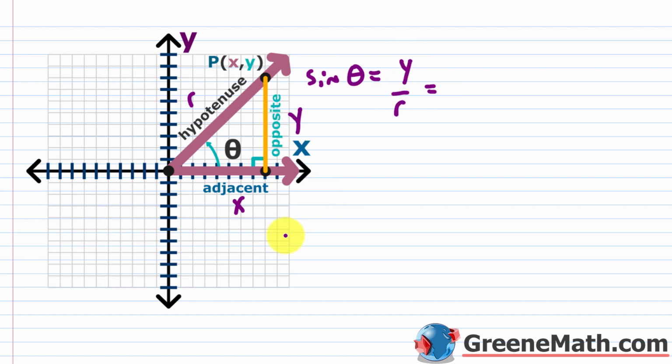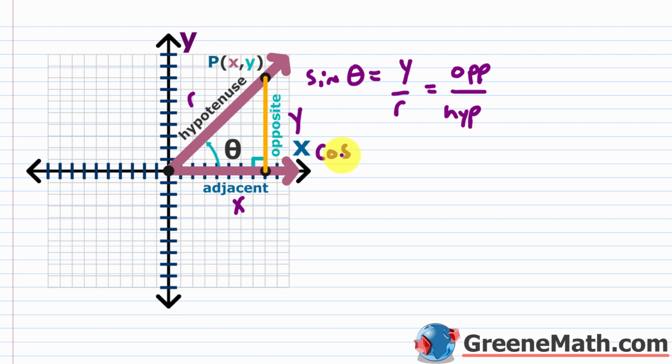Now we're going to say it's what? Well, y is the opposite, so I'm going to put OPP for opposite, and this again is the length that you're given. And then you have your r, your hypotenuse. So I'm going to put HYP for hypotenuse. So opposite over hypotenuse, okay? And I'll give you a mnemonic device for this in just a moment, the SOH-CAH-TOA.